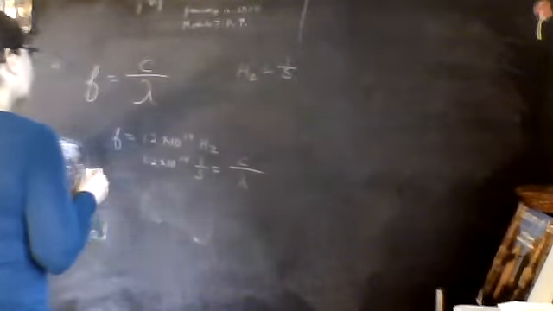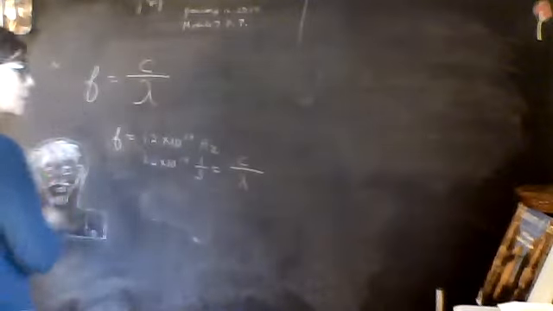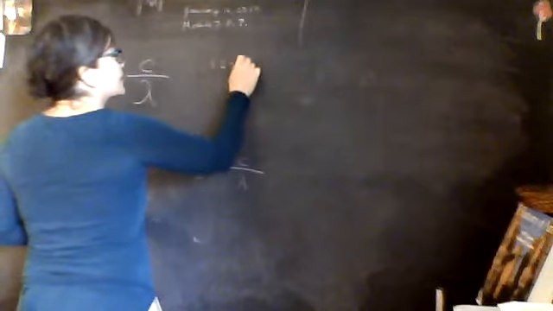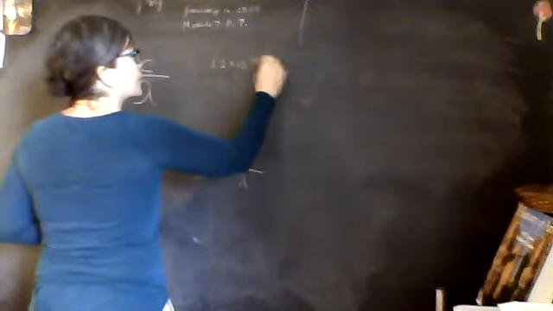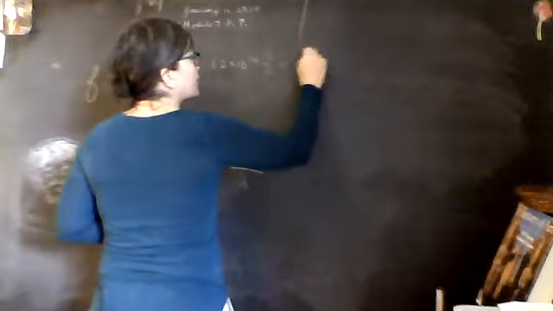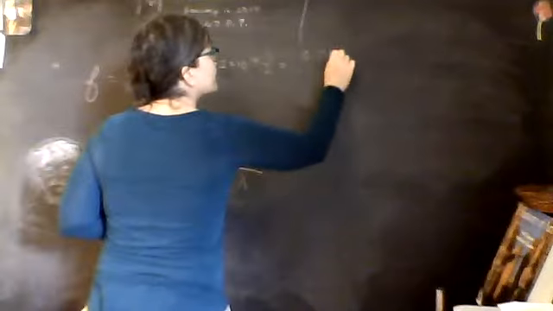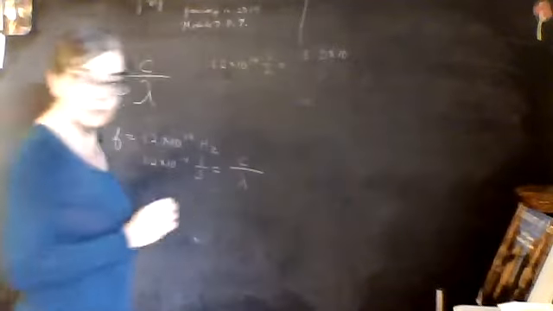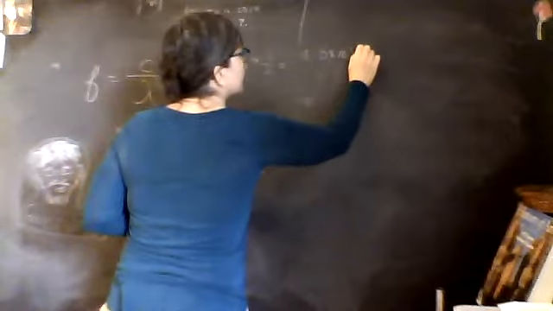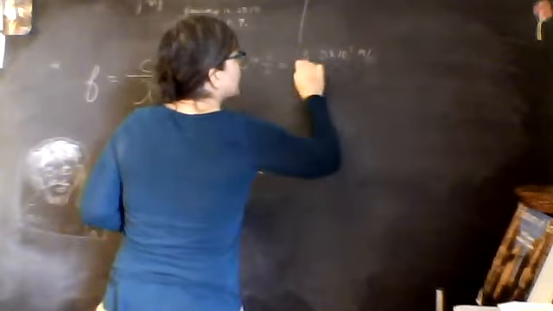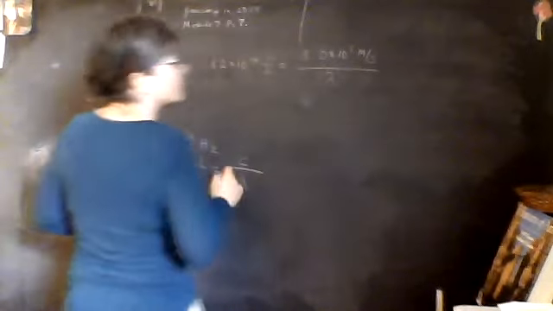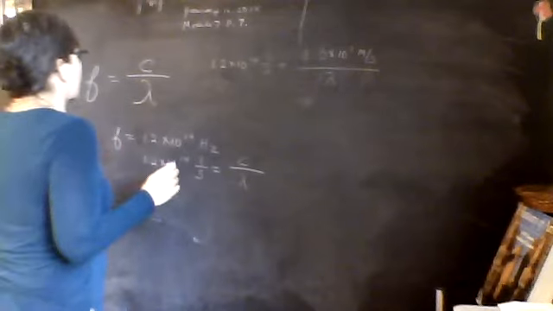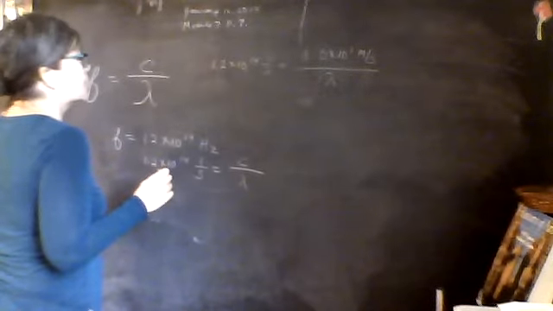We have then 1.2 times 10 to the 14th, 1 per second equals 3.0 times 10 to the 8th meters per second, divided by some wavelength that we don't know yet.